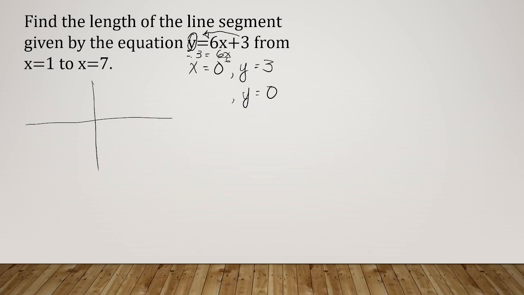Then, divide both sides by 6. This will become x equals negative 1 half. Sana na-gets nyo yun. Ang points ay 0, 3 and negative 1 half, 0.